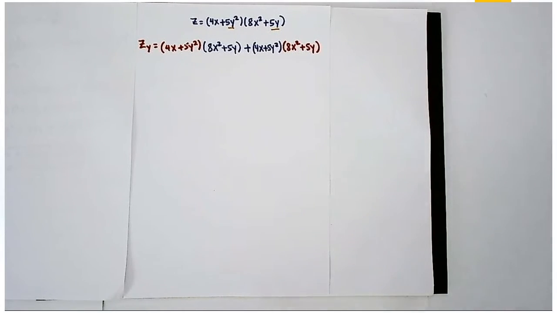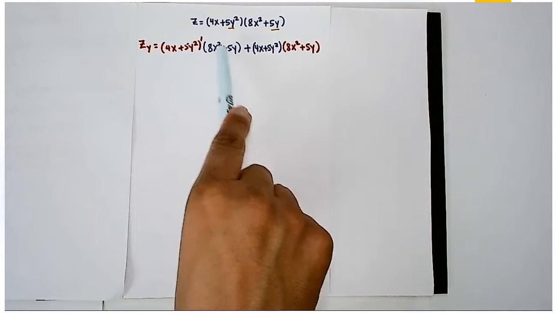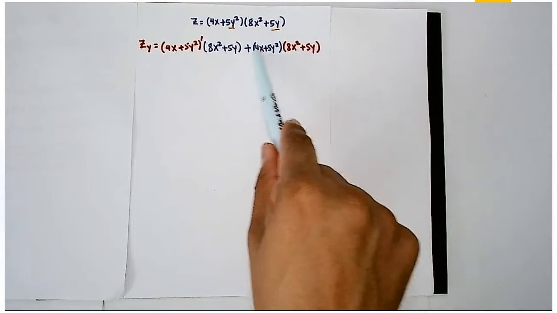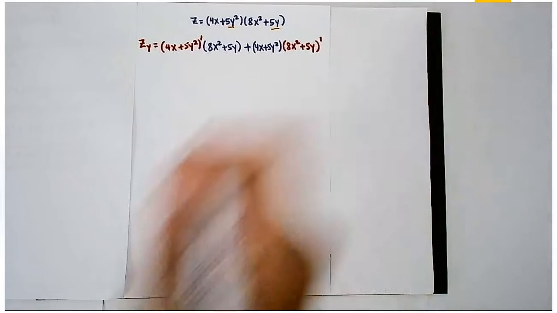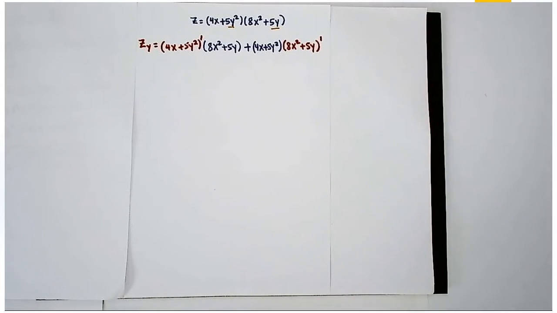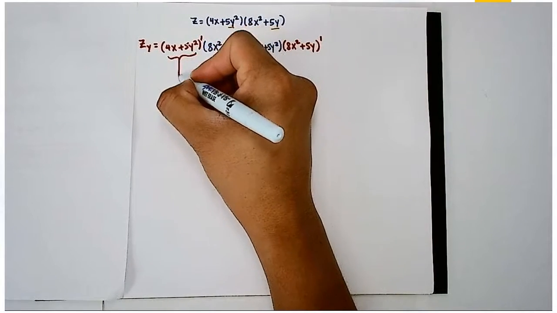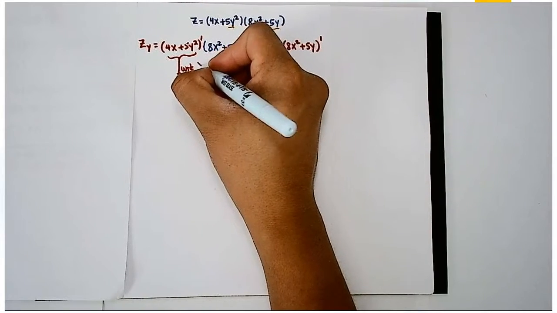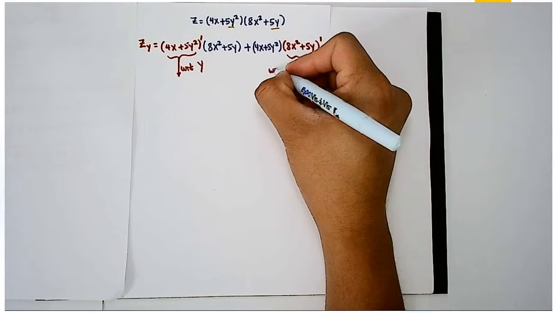And we take the derivative of the first term between these two factors plus, and then from the second part, we take the derivative of the second factor. Now, because this is with respect to y, both derivatives have to be taken with respect to y.